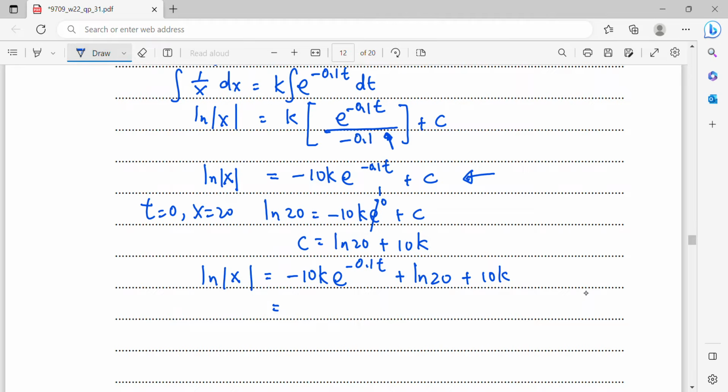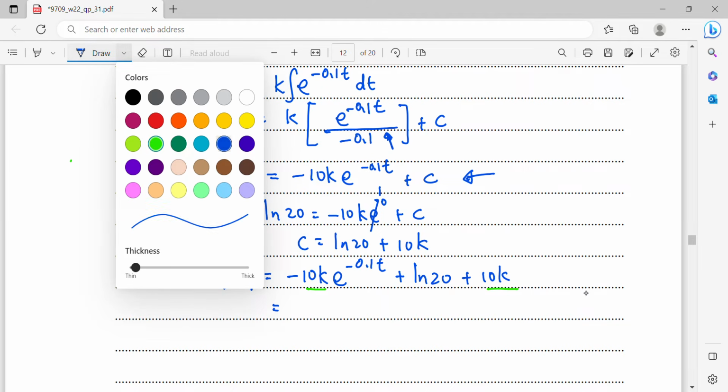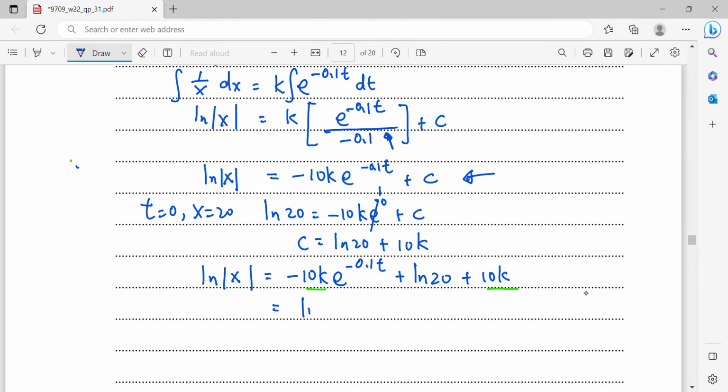So when you look at here, basically the 10k is in common, for the first and third term. So I will write ln 20 plus 10k bracket, write out the last term first, which is 1, then minus the first term, e negative 0.1 t. Okay, this is our solution.